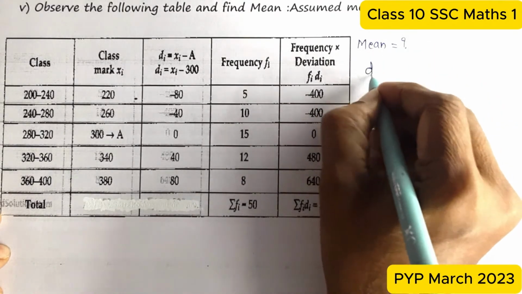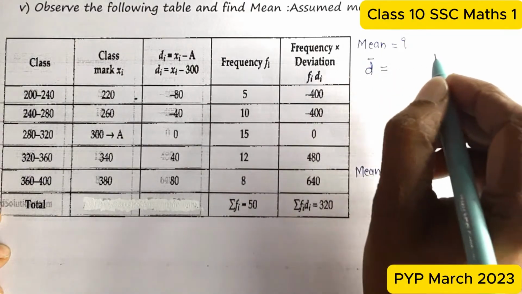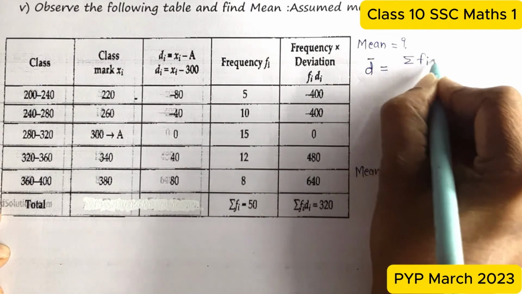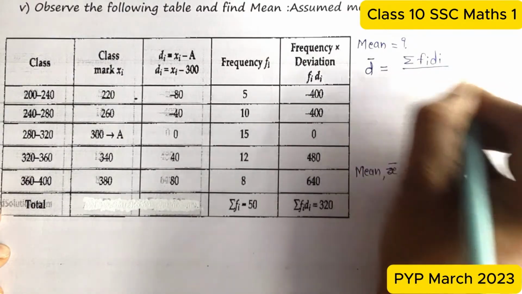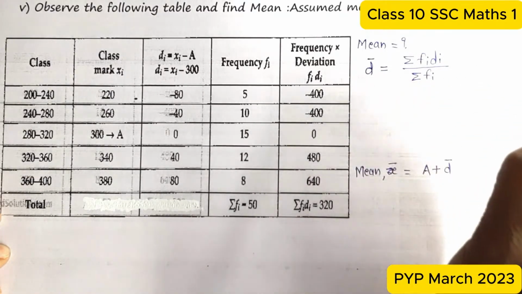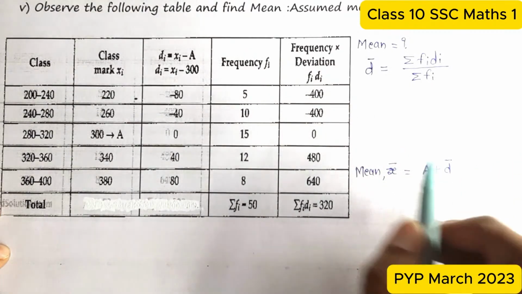How can we calculate the d bar? d bar is summation fi di divided by summation fi. By this formula we can find out the d bar.